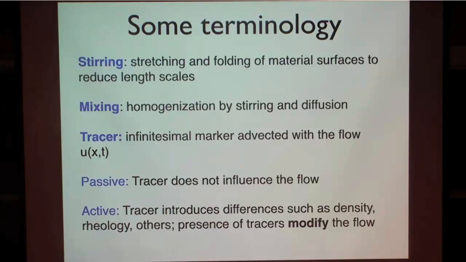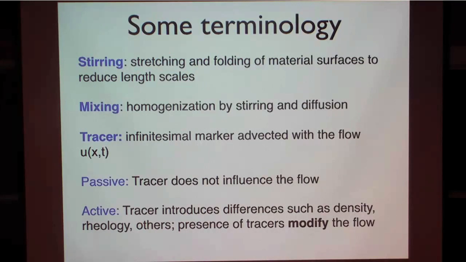Okay, so let's talk about some terminology. These two terms are important to distinguish between, and yet we are going to use them casually interchangeably. When we talk about mixing, we really mean a combination of that stretching and folding process plus the diffusion that completely homogenizes two different dyes, the green and the yellow dye. The correct term for the stretching and folding is stirring.